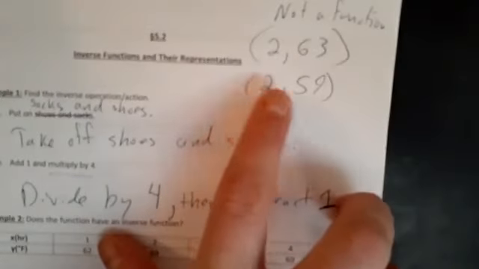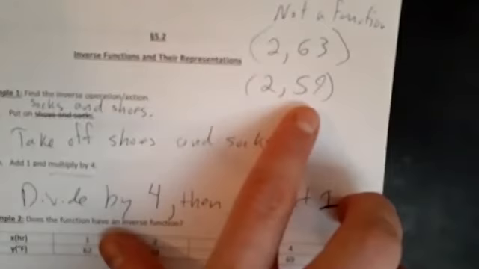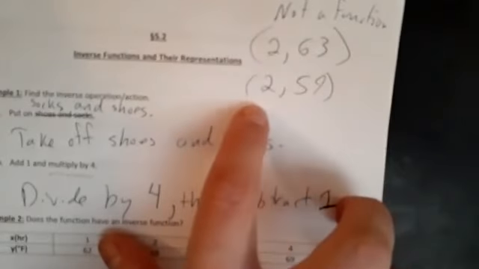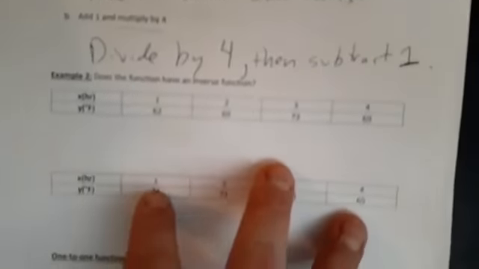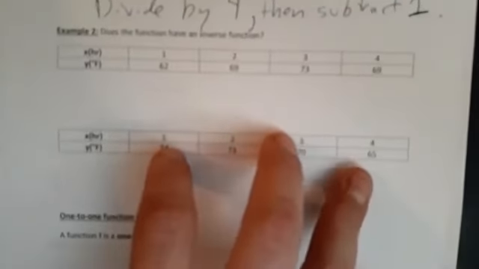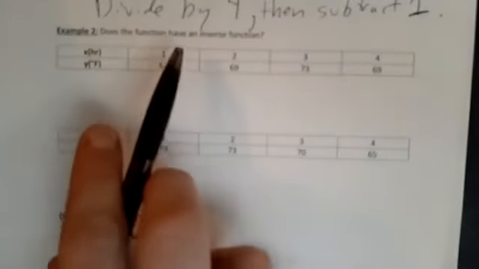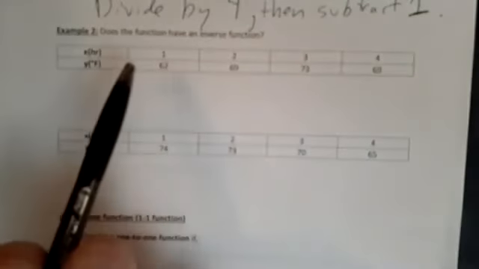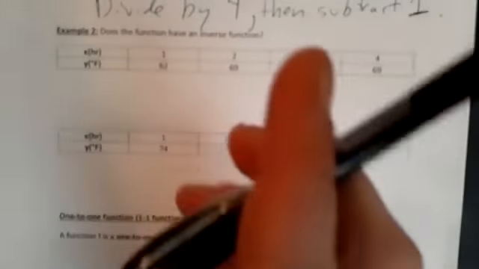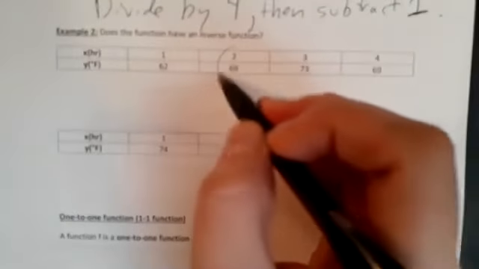The original function starts with an x and it will spit out a y. And with the inverse, you're starting with this and it's going to spit out this. And so now if we want to see if this function has an inverse function, I'm not looking for a repeated x now, I'm looking for the repetition in my y value. So if I see repetition in my y value, is that inverse a function?